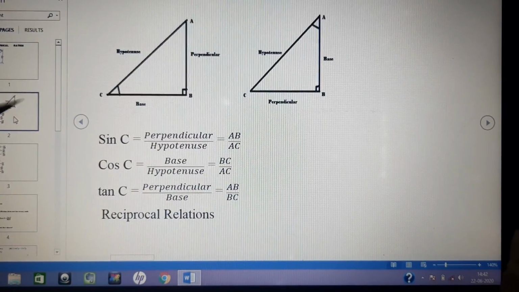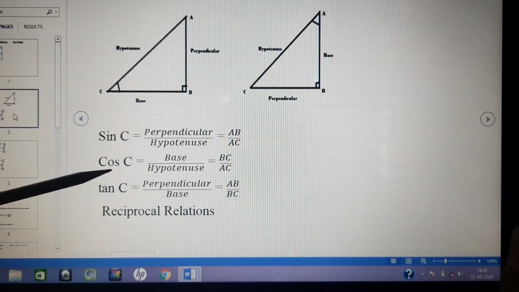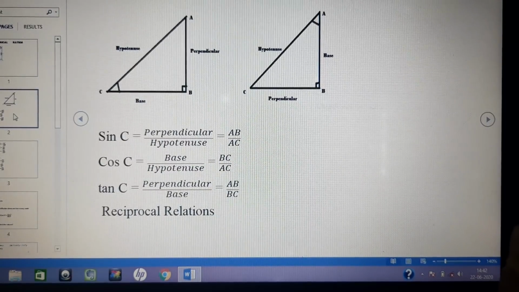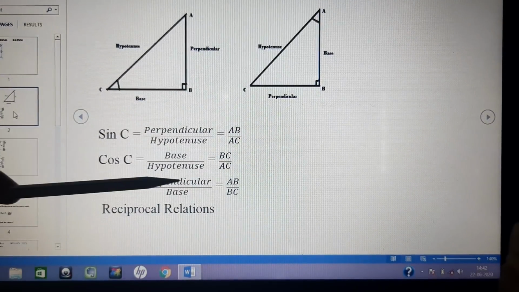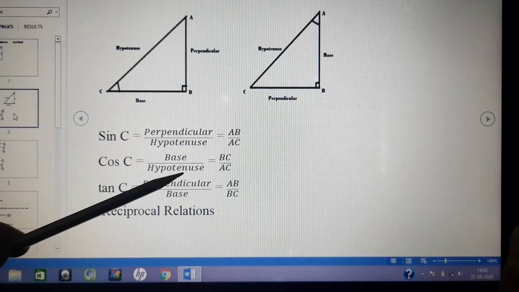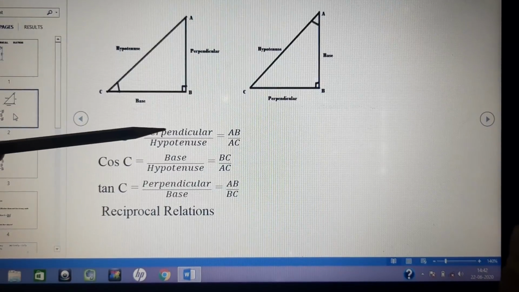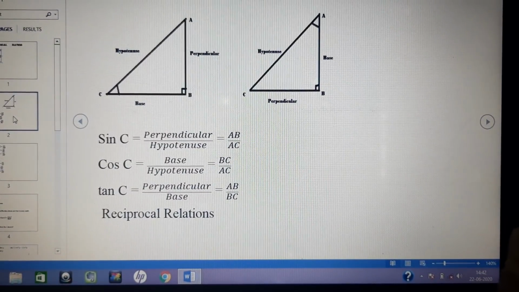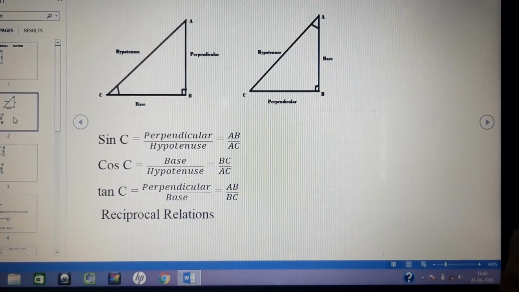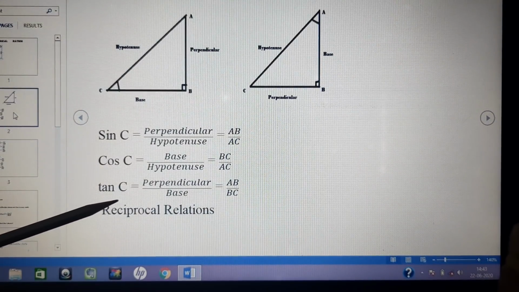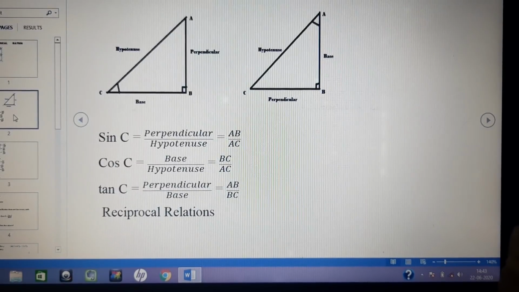It is sin C and cos C. If we divide sin C by cos C, then sin C upon cos C is equal to this thing divided by this thing. It means hypotenuse and hypotenuse will be cancelled, and we'll be left with perpendicular upon base. And perpendicular upon base is known as tan theta, tan C. Clear?